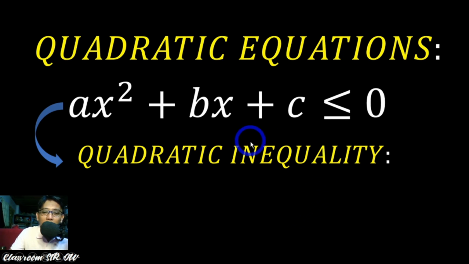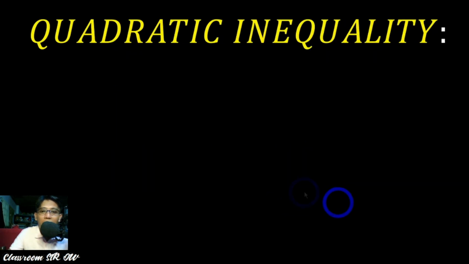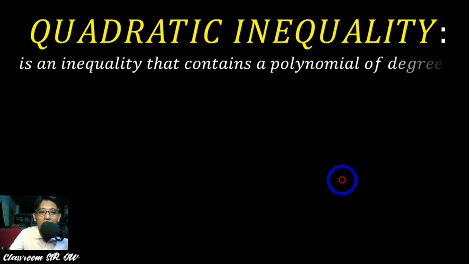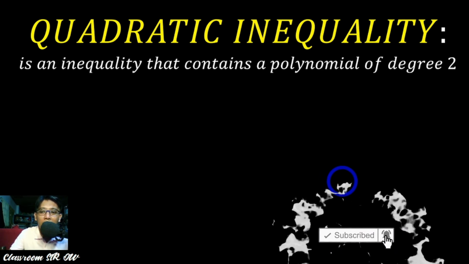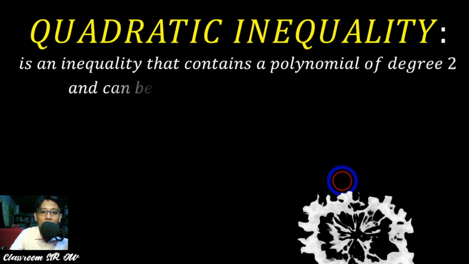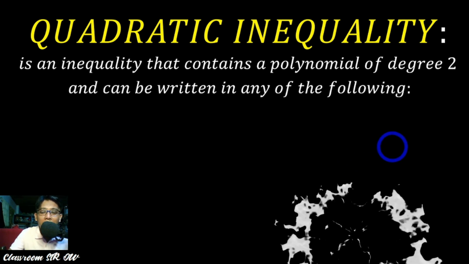So again, we just replace the equality symbol of the quadratic equation by an inequality symbol, but the same thing, the polynomial should be of degree 2. So by definition, a quadratic inequality is an inequality that contains a polynomial of degree 2 and can be written in any of the following.